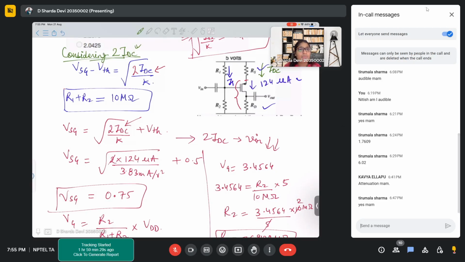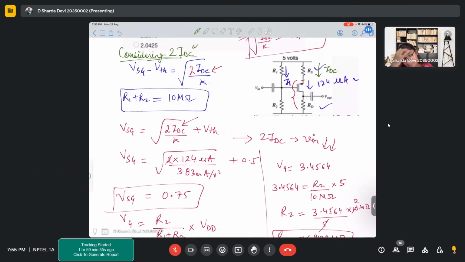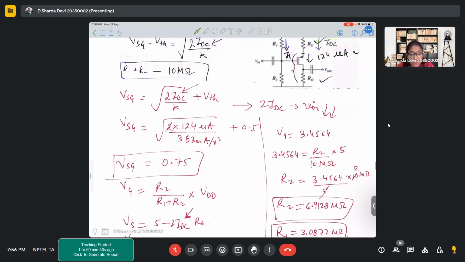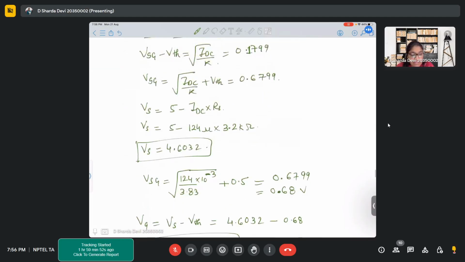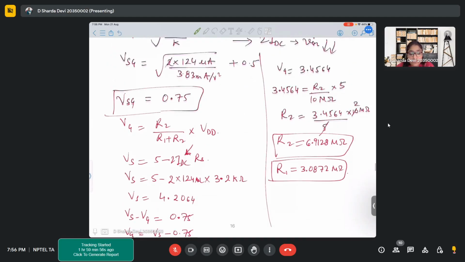Okay, there are no questions in chat. So did you understand the arguments that we had, like why we are using 2IDC, where to use IDC only, and how things change when you are using 2IDC and when you are using IDC. That's why I performed this calculation using both 2IDC as well as IDC. So is this clear to you?